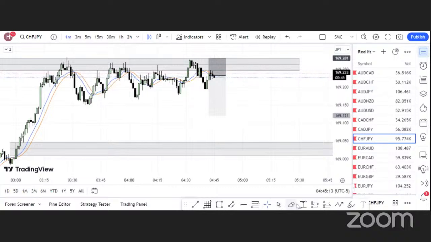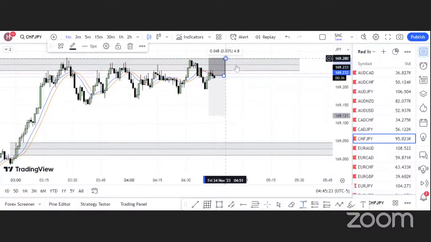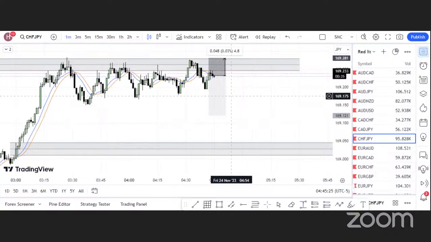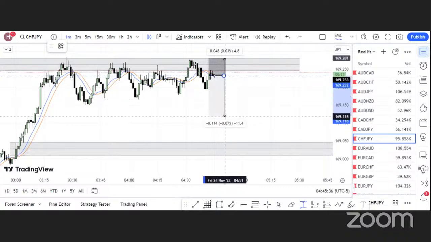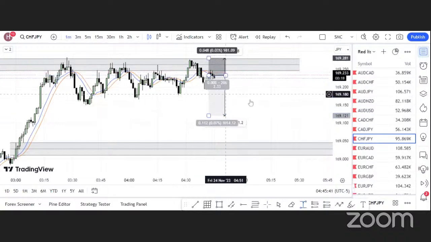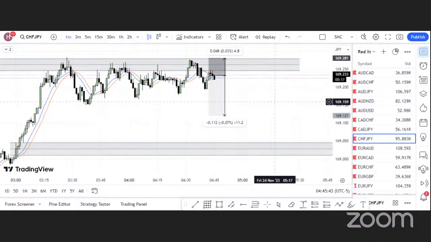So how many pips stop loss do we have? Okay, so that's about 5 pips. Not up to, but let's just round it up to 5 pips. Then how many pips take profit do we have here? Okay, so this is like double of whatever we are risking, and the market is already falling down.